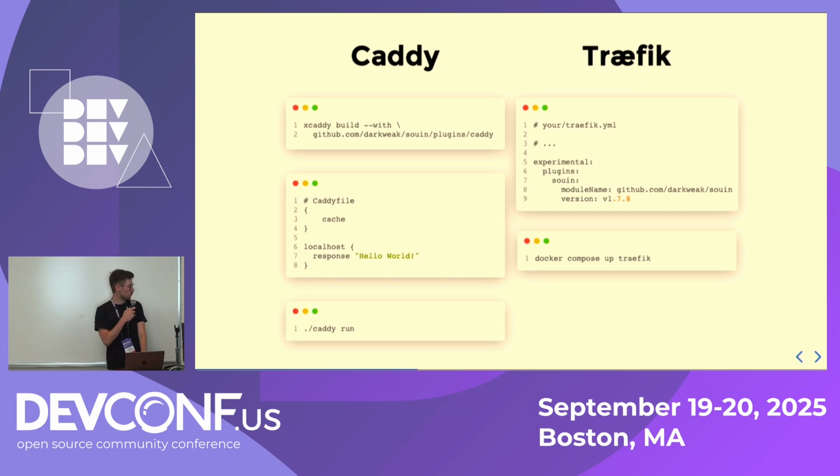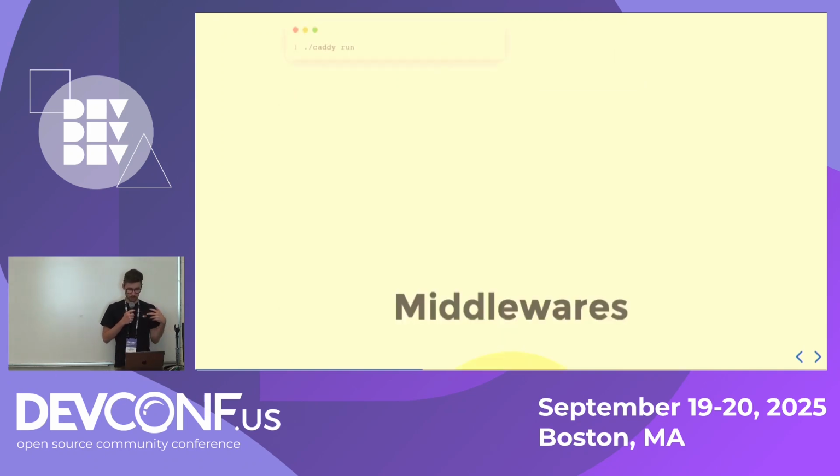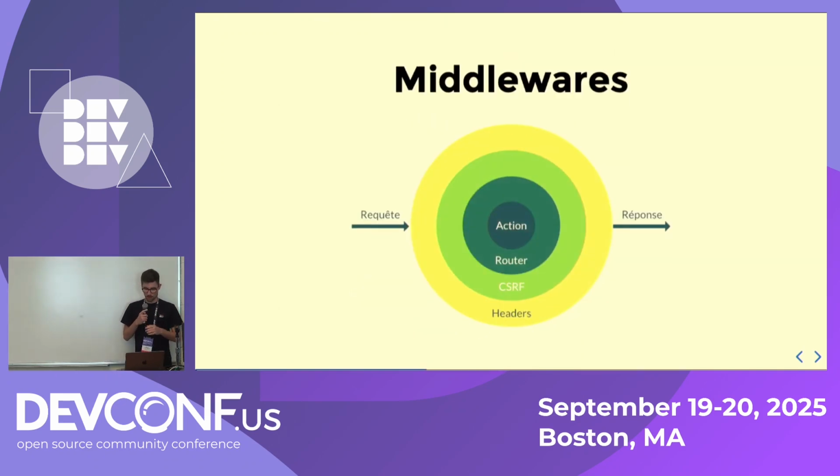So to achieve this, we have to talk about the middlewares. You have your request that will pass through every middleware. The first one will be the headers middleware. The second one will be the CSRF, the router, and your core action.